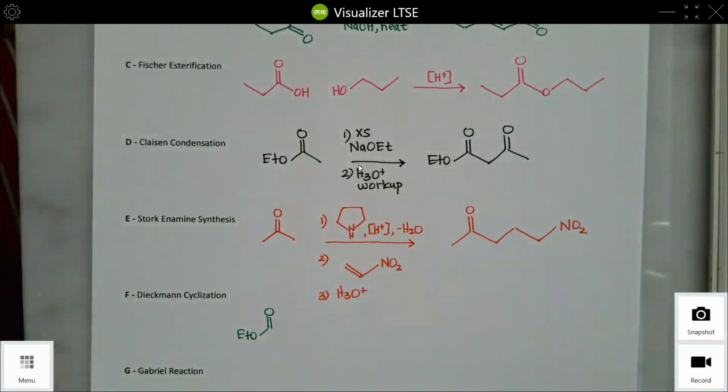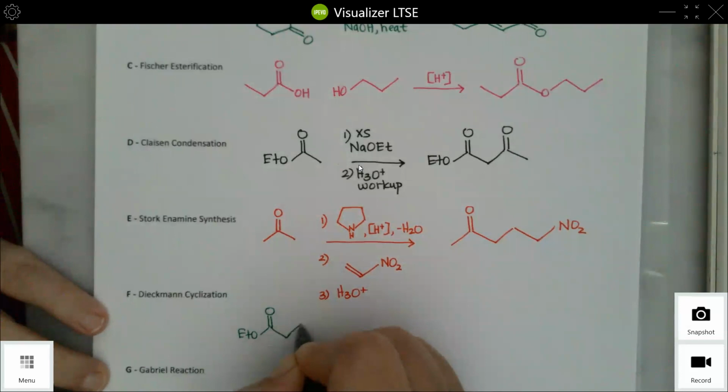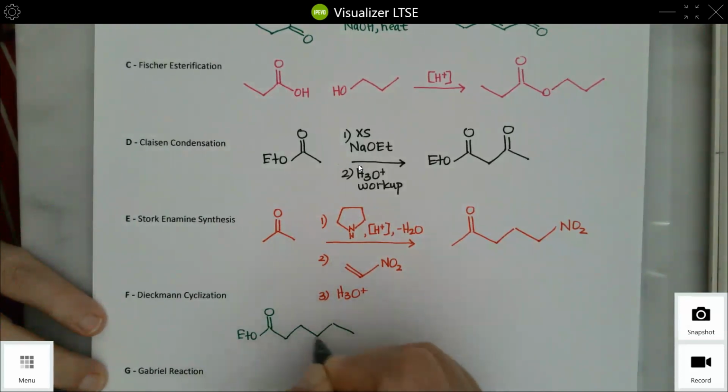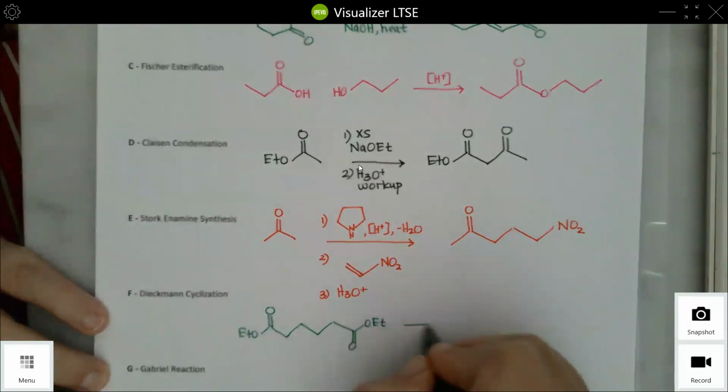We want to form a 5, 6, or 7 membered ring because those are all stable sized rings, and so they're fairly easy to form. So we want to make sure we have the right number of carbons here. Always remember that if you have a bridge of 1, 2, 3, 4 carbons in between your esters, you'll end up with a 5-membered ring because one of the carbons from the carbonyl is also incorporated into the ring.